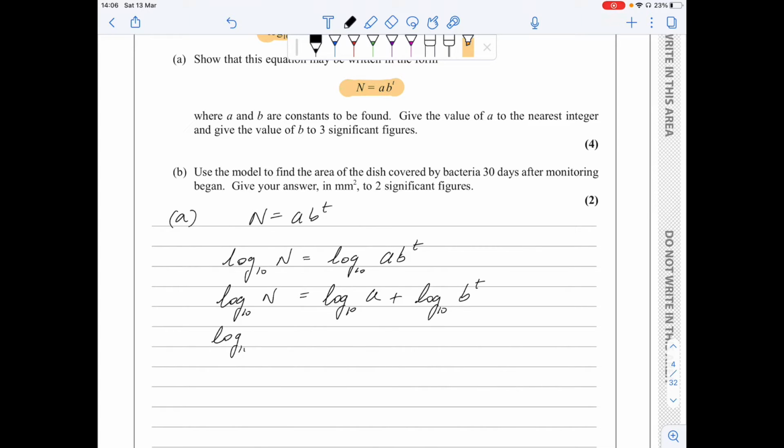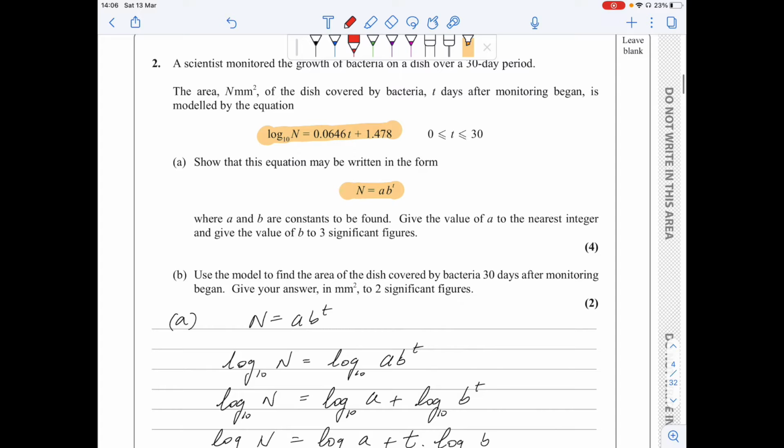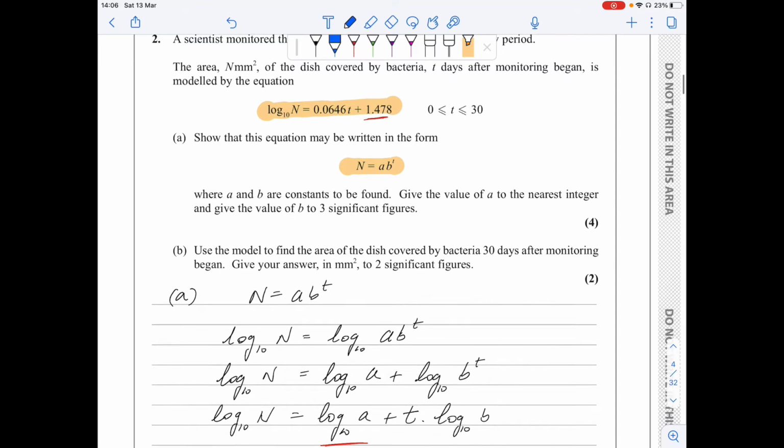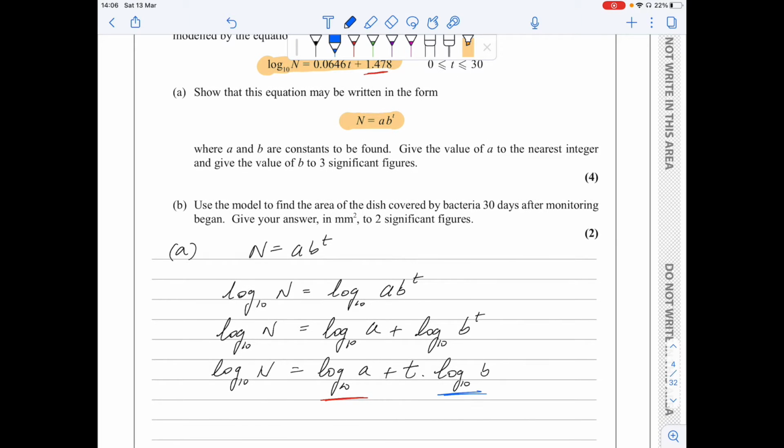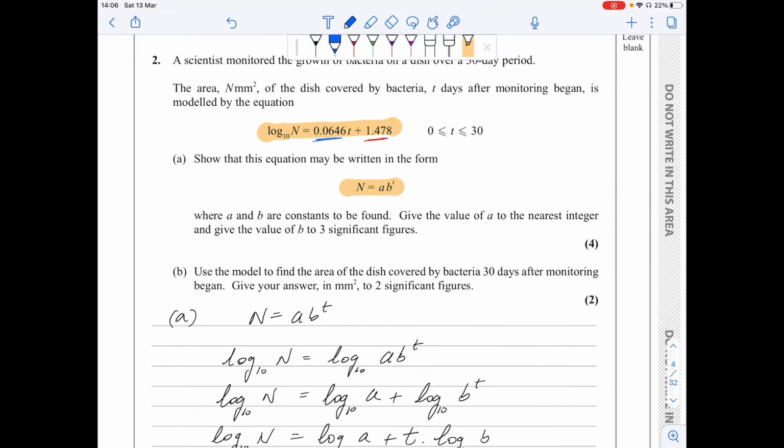So log n equals log a plus t log of b. And if I compare coefficients, then the constant term is equal to 1.478 and the coefficient of t is 0.0646.